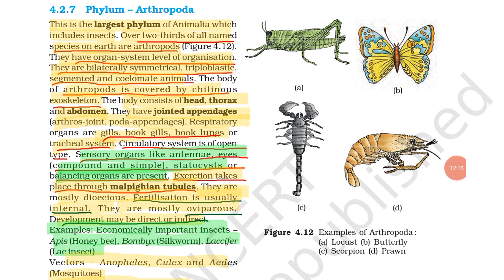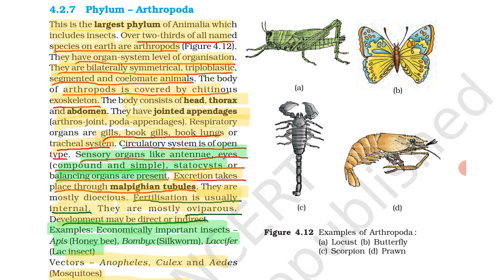Phylum Arthropoda. Arthro means what? It means jointed appendages. So let's learn about Arthropoda. This is the largest phylum of Animalia, which includes insects. Keep in mind that it is the largest phylum of this kingdom Animalia, and it includes insects. Over two-thirds of all named species on earth are arthropods.